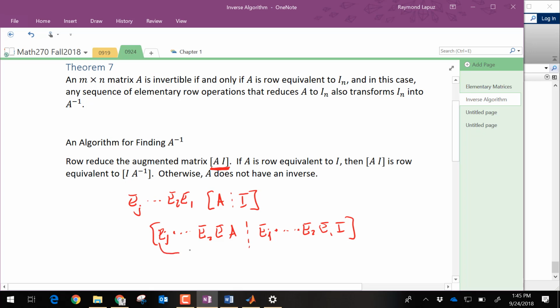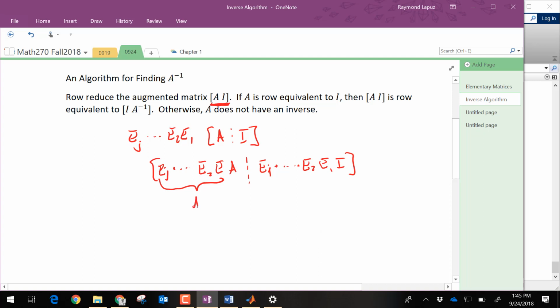And this, we said, was the identity: A inverse times A is the identity. And then this, well, that's A inverse, like we said: A inverse times identity is A inverse.